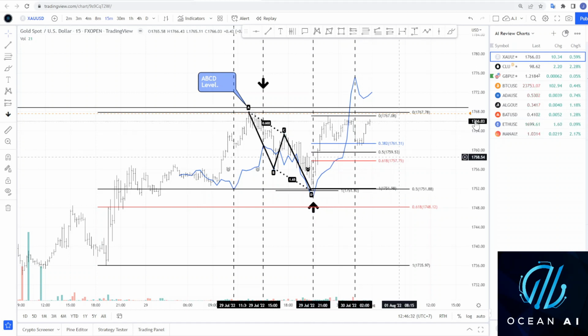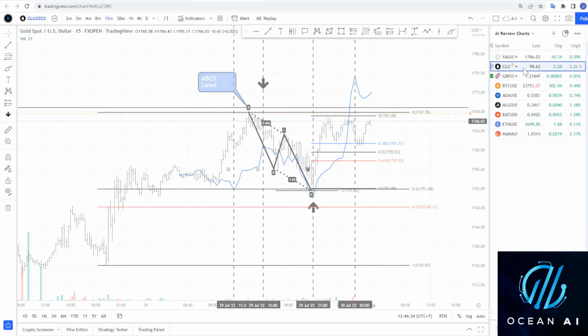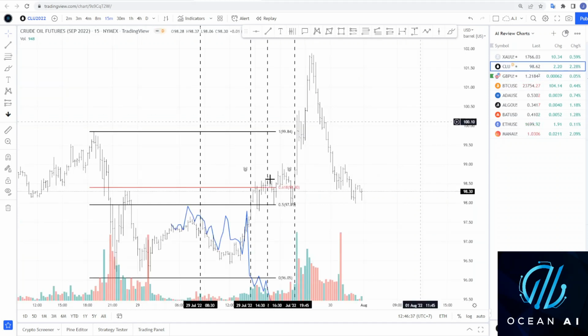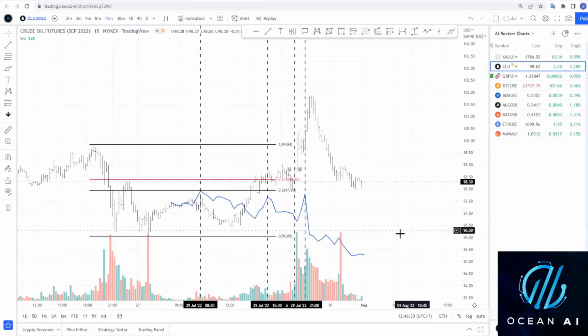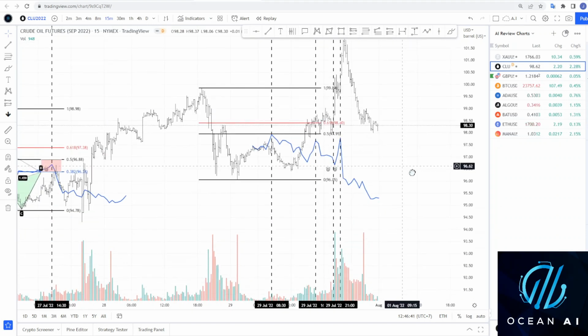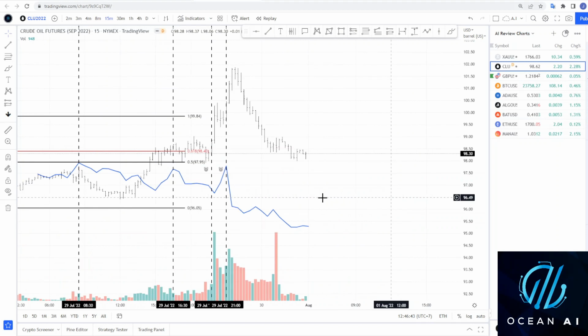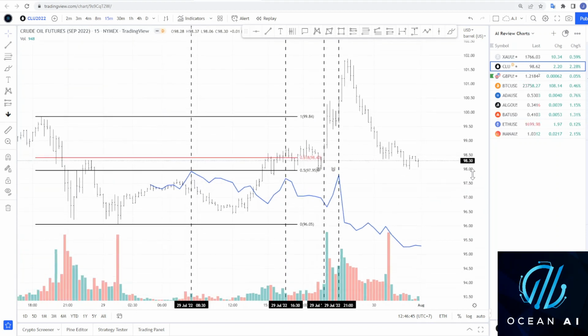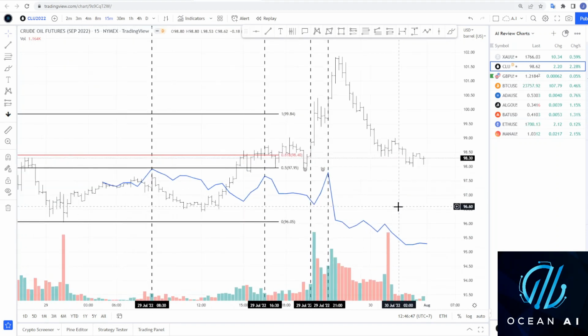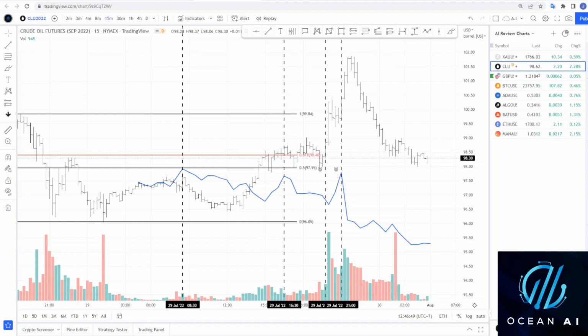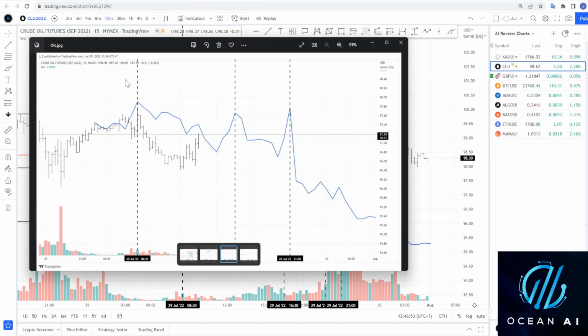That was good. We move on to the oil. The chart I sent out with the oil was this one here. We're looking for this point at 4:30 and then 9 o'clock.